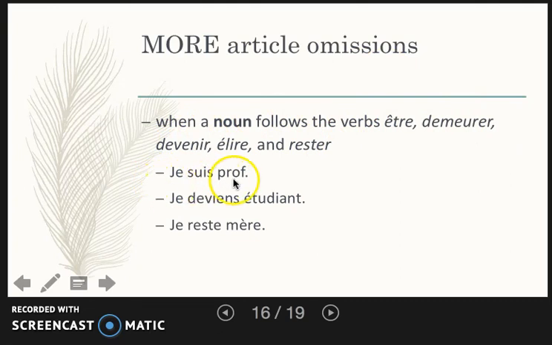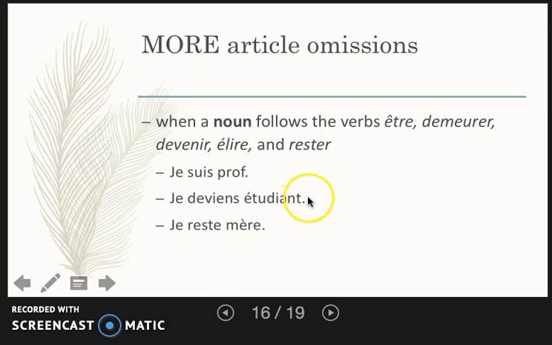So, for example, "je suis prof." I like to think about this because it means I'm a professor, but it's as if that description of professor is an adjective. "Je deviens étudiant." I'm becoming a student. In English, we need "a," but in French, "étudiant" here is more like an adjective because I'm going to have to make it agree if it needs to.